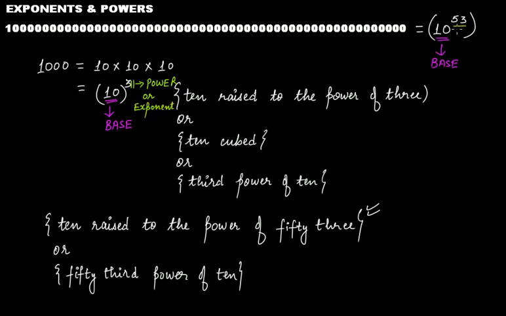Same thing here, this 53 is called either power or exponent. Right? So this is the concept of exponents here. You can see that this very large number can be written in a much smaller way. Okay, 10 raised to the power of 53, where 10 is the base and this power or exponent is the number that this 10 is raised to.